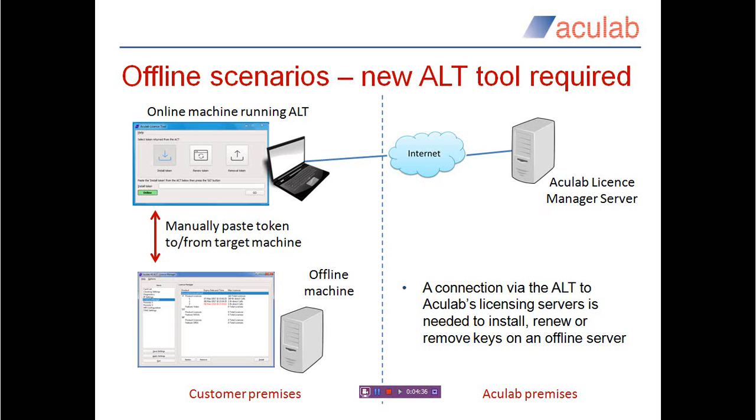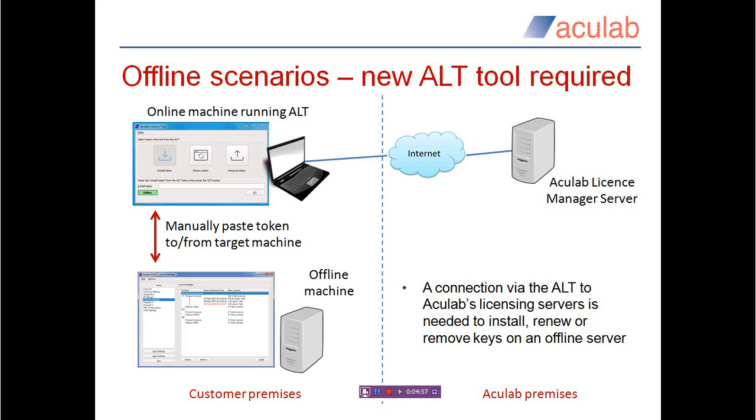This slide just briefly explains what this ALT tool is, and how it acts to get the key information back to Acculab if your server running ProstES or Citran does not have a connection to the outside.